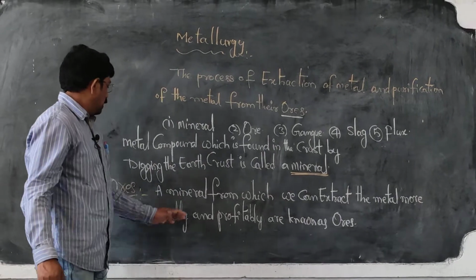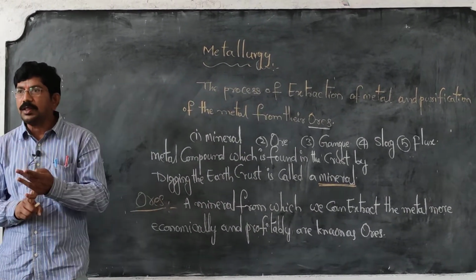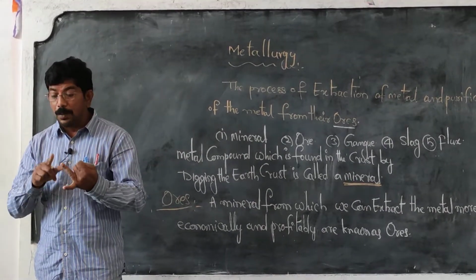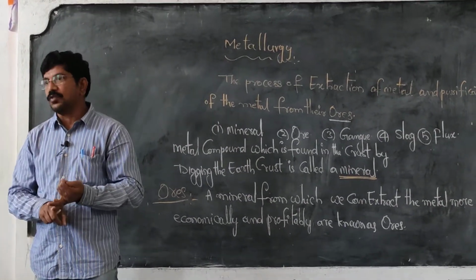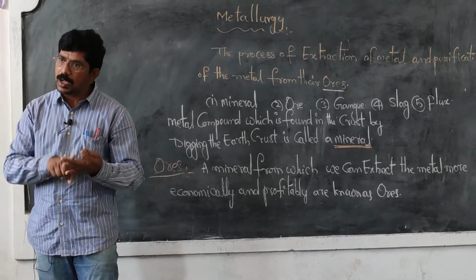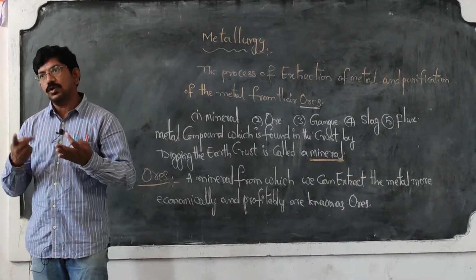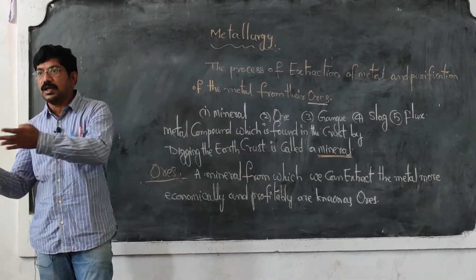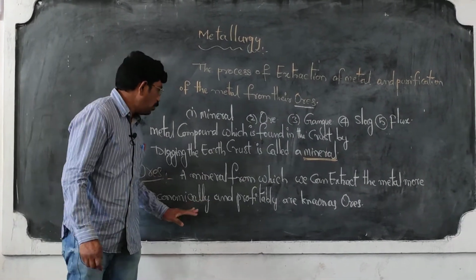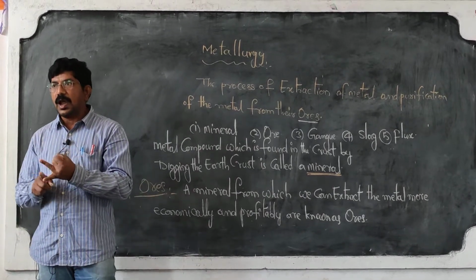These ores may be sulfide ores or carbonate ores. They may also be halide ores. Halide ores are found inside the oceans. Most of the ores are sulfide ores and carbonate ores.